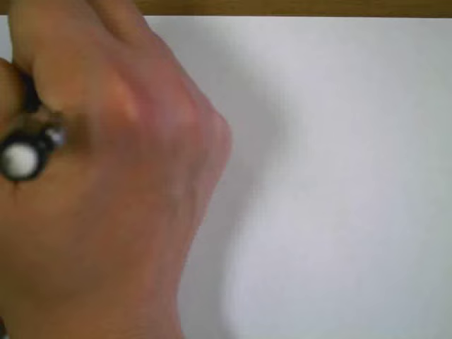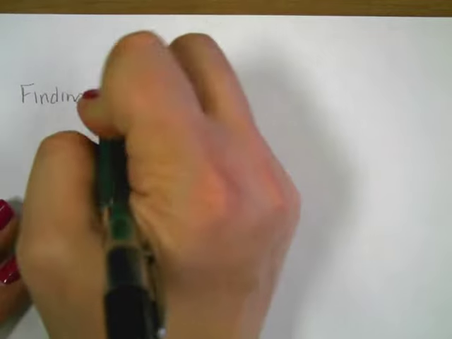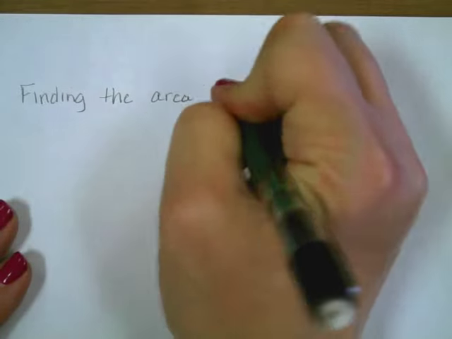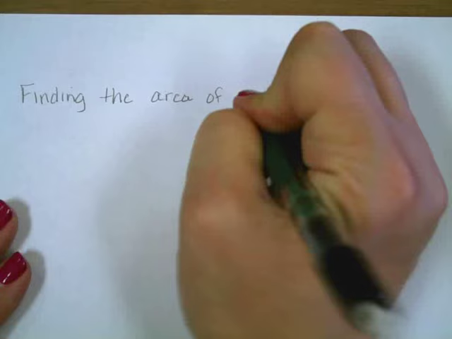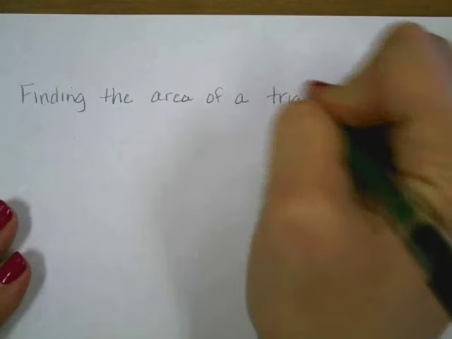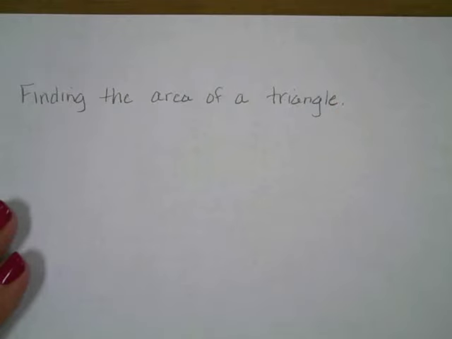All right, for our last section in this triangle chapter, we're going to be finding the area of a triangle. And these triangles do not have to be right triangles, they're just oblique triangles.